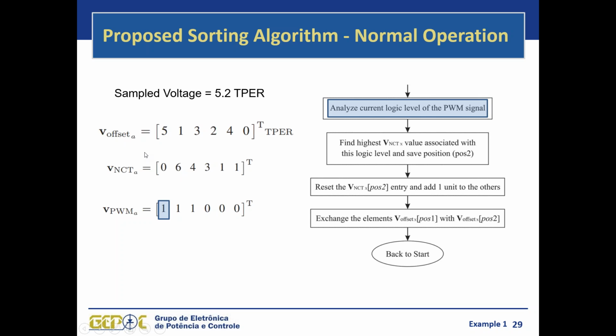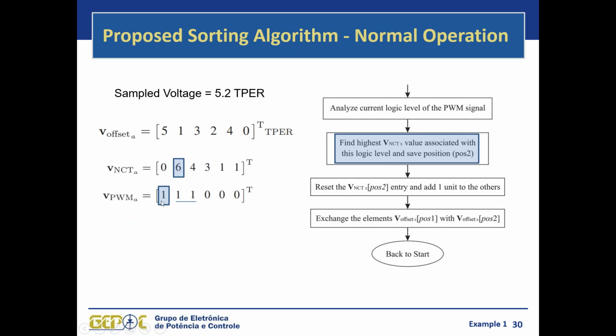Next step, we analyze the current logic level of the PWM signal. So this switch S1, that is the switch that has the offset value in accordance with the sampled voltage, is conducting. It's on level 1. So we can see it here in this step. As the switch that should be taking over the PWM is actually conducting, we will find the highest V NCT value associated with the logic level 1 in this case, and save this position.